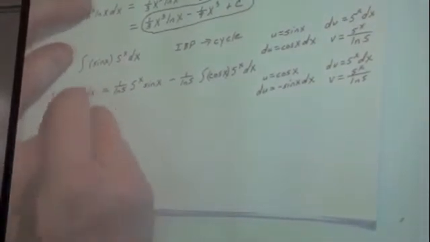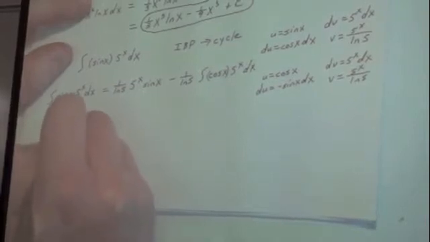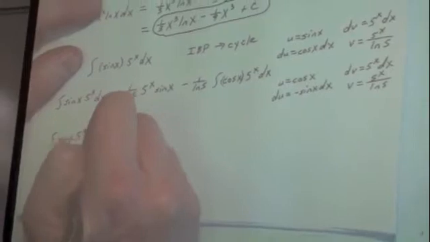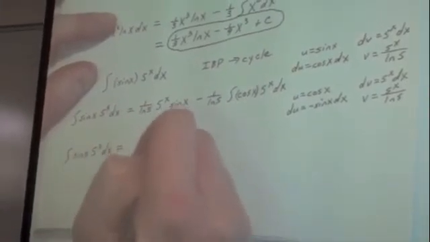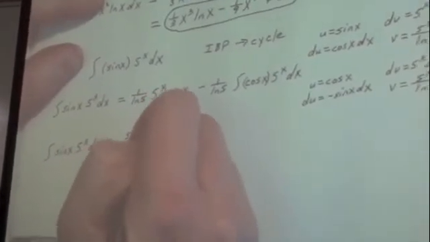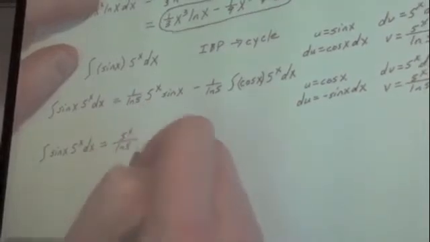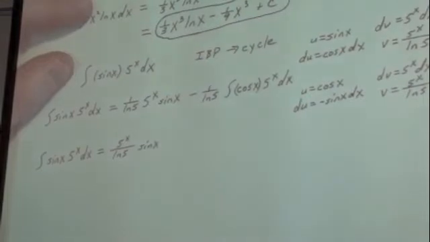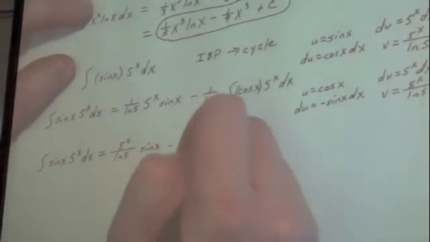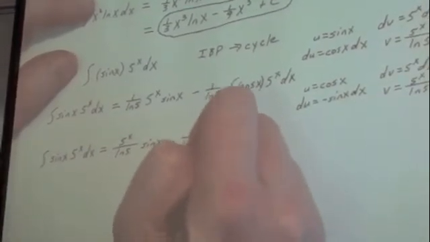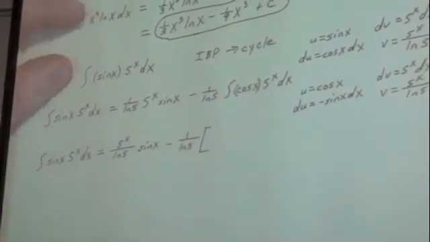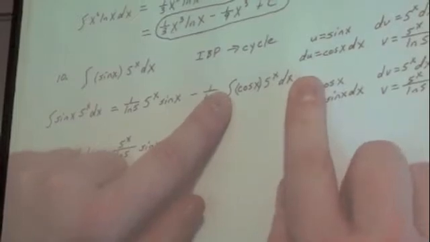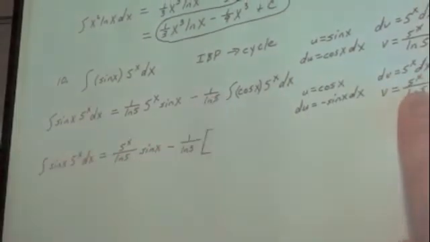So now this integral of sine x 5 to the x dx is equal to this. I'm going to write it as 5 to the x over ln 5 sine x. It doesn't matter, that's just condensed a little more. And then minus 1 over the natural log of 5 times the group, the group being everything that's in the integral, which is u times v.